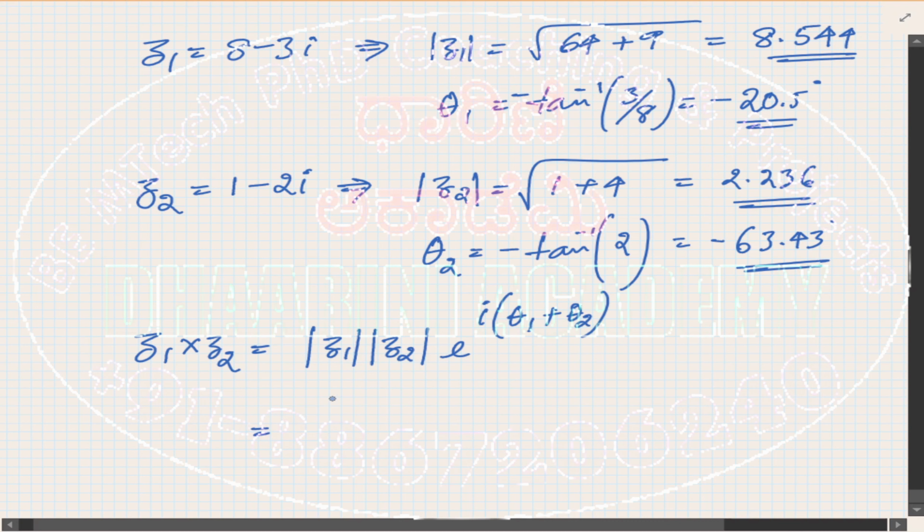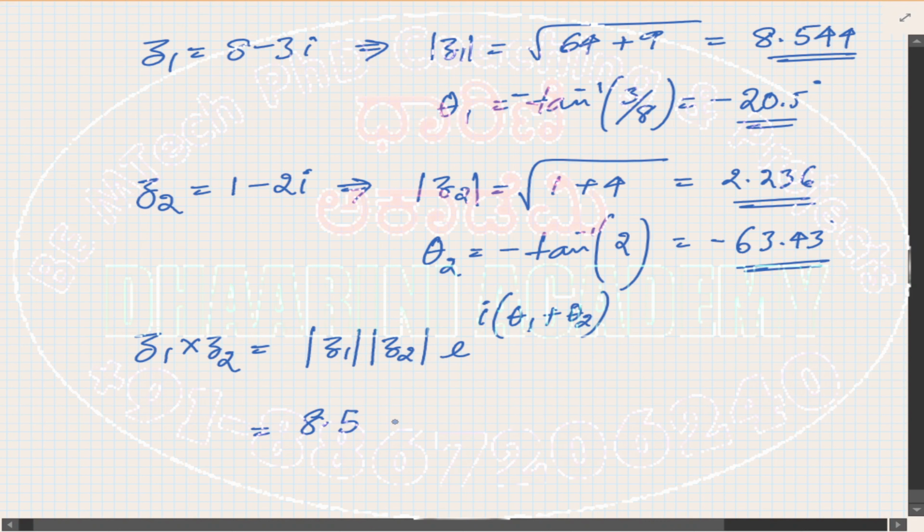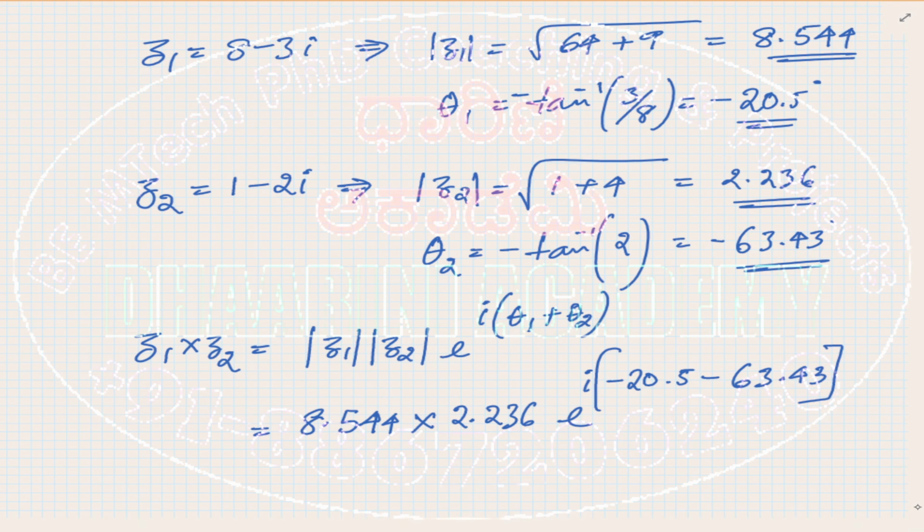So magnitude z1 is 8.544 into 2.236 into e to the power I times, so substitute theta 1 minus 20.5 and the second number is minus 63.43 degrees.